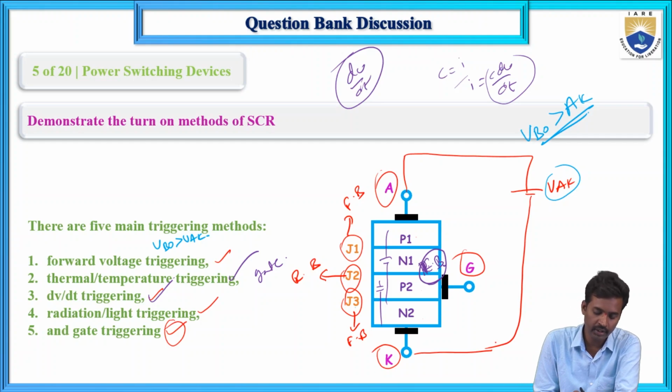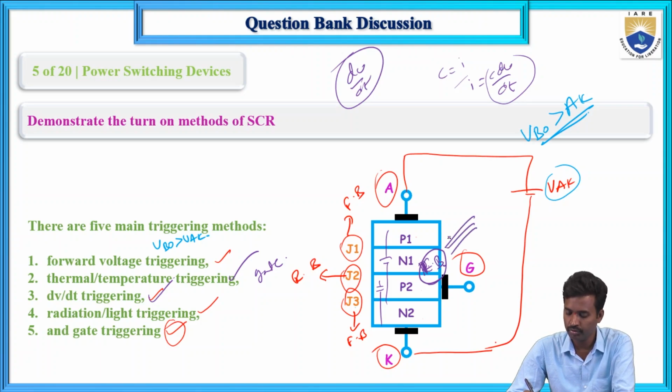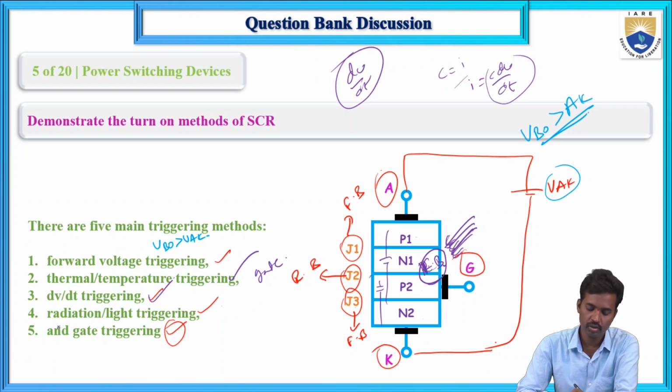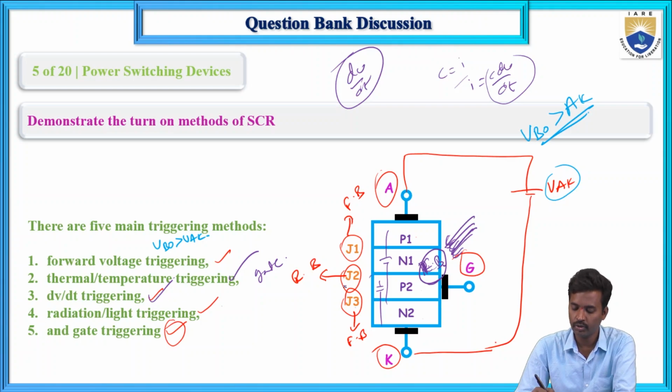And next, radiation or light triggering means some amount of light is focused on this J2 junction. So now this J2 junction is in forward bias. Again J1, J2, J3 are in forward bias and SCR will conduct.